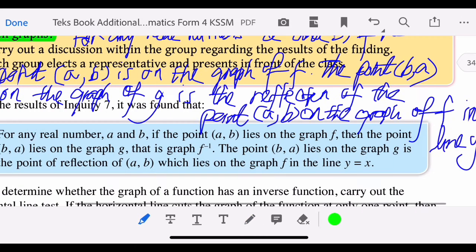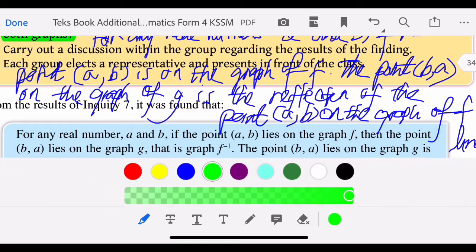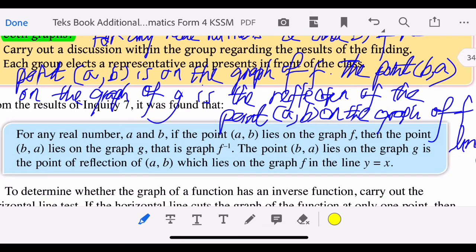Alright, so you can actually copy this one.